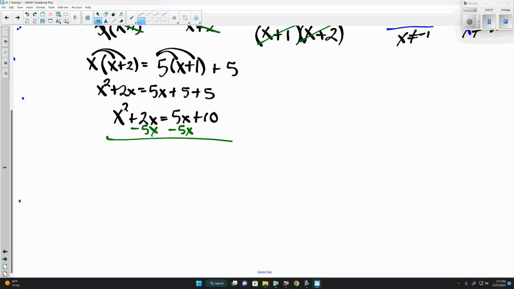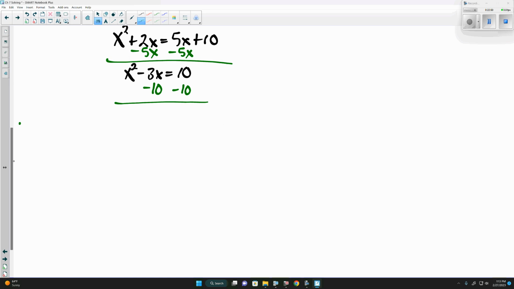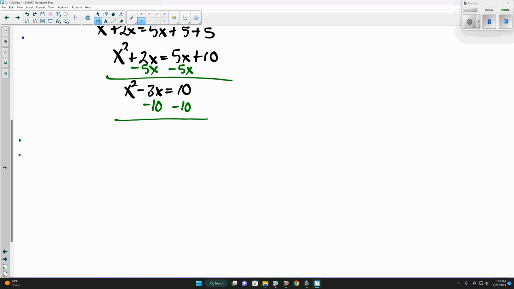So we subtract 5x from both sides, telling us that we have x squared minus 3x is equal to 10. At this point here, we can subtract 10 from both sides. Notice that we have x squared minus 3x minus 10 is 0.